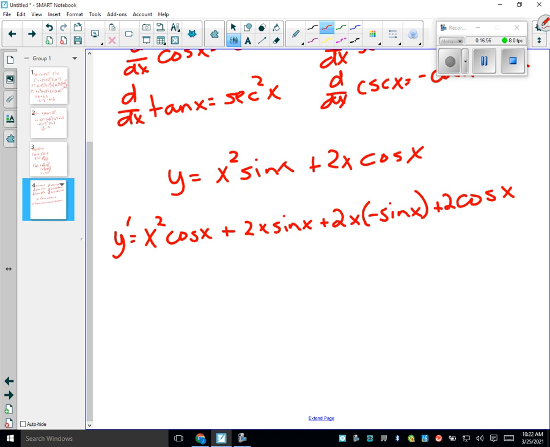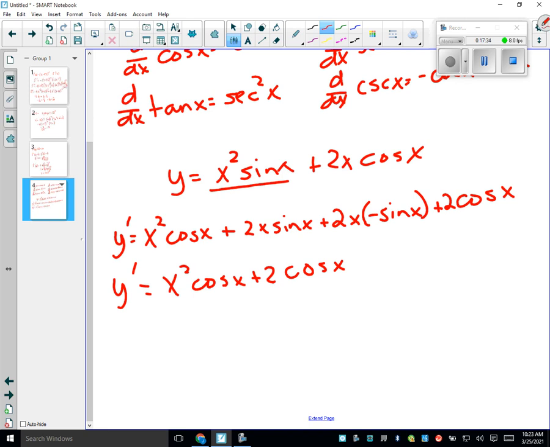So why did we do the 2x sine x and then also the product? We did the product rule for this. Oh, sorry. Okay, never mind. So will this simplify to what? x squared cosine x plus 2 cosine x, because these subtract out. Right?